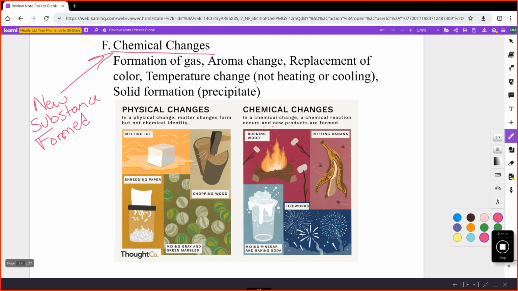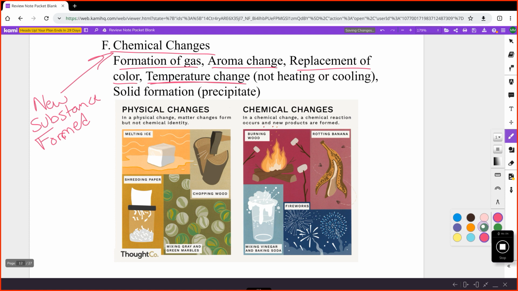If a chemical change has taken place, a whole new substance has been formed. Now, with that said, we know that a new substance has been formed if gas is being created, if the smell is changing, if we've replaced the color, so we've changed the color. If a temperature change has happened.